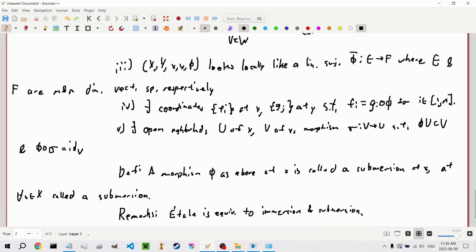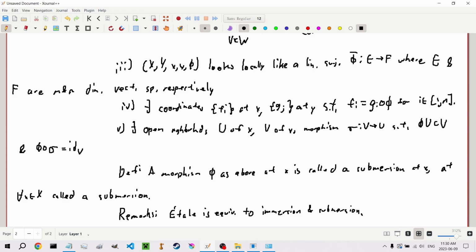They say here in this book that at the time when this book is written, immersion is a common term, but submersion is a Bourbaki innovation. Sometimes using the phrase phi has maximal rank instead.